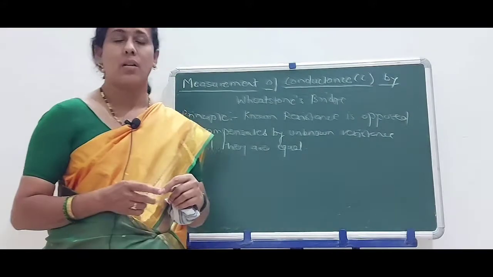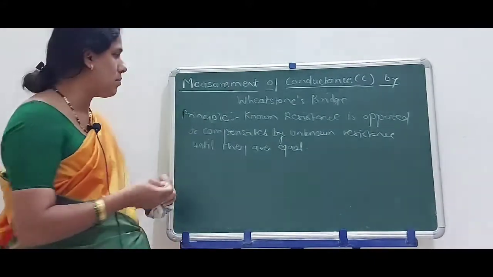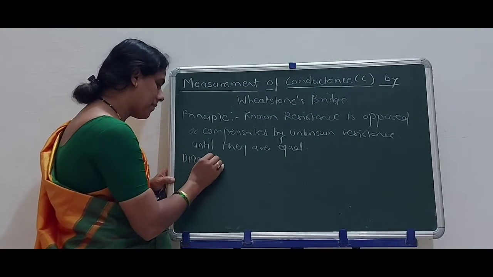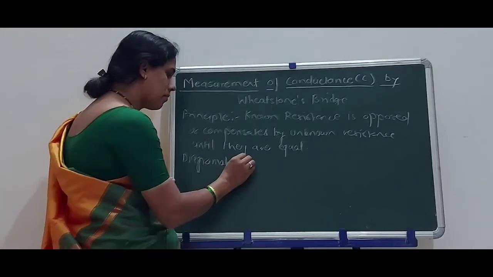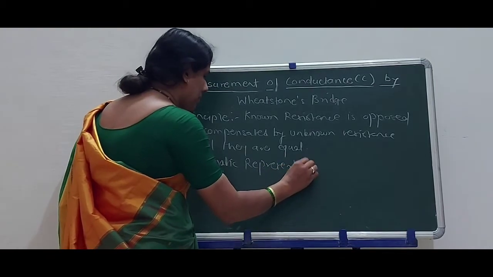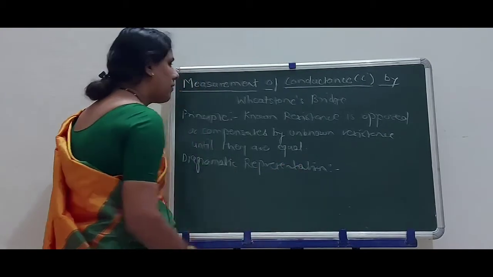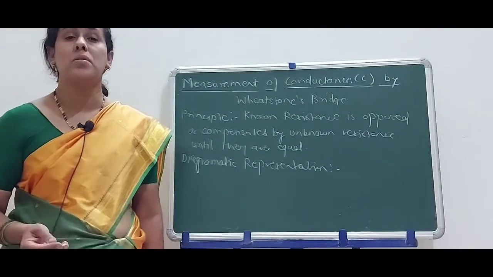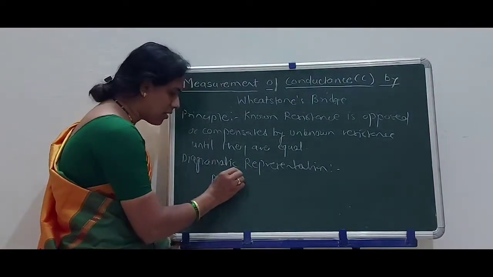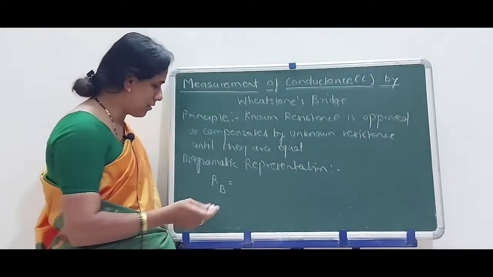Now, what is the diagrammatic representation? For the diagrammatic representation, we use the resistance box. First of all I will give you the concepts and then we will draw the diagram.